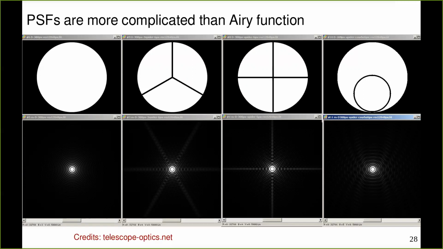When you have these spider patterns or all these things that are there to hold the secondary mirror or some other feature in your telescope, these things contribute to the shape of your point spread function, right? So here you see that your point spread function significantly changes. So you have these very directional maxima in these given directions here, and so on.